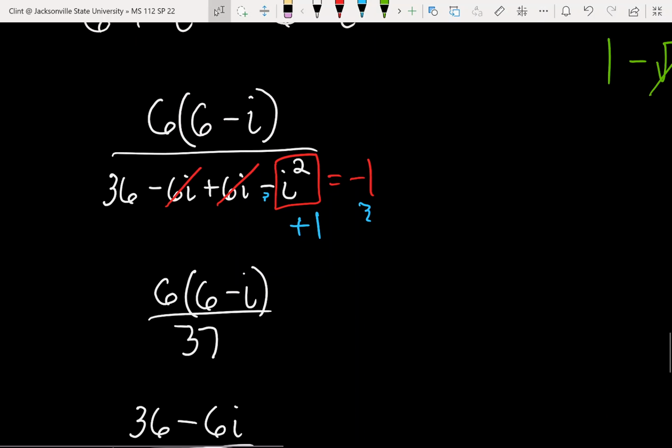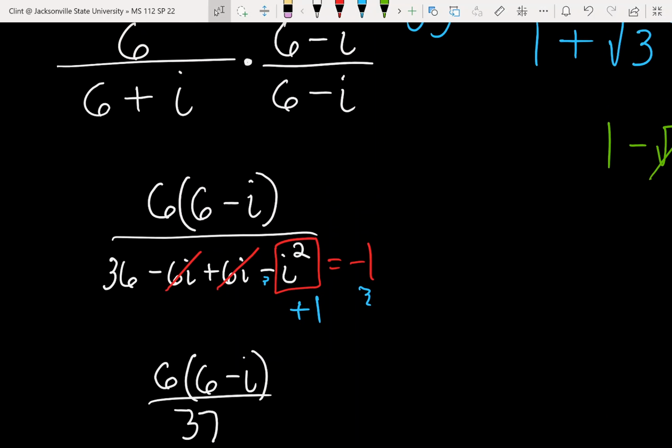Because on this one, our a was 6, our b was 1. So 6 squared is 36. 1 squared is 1, and it turned out positive. 36 plus 1 is 37. You can do the shortcut, or you can use FOIL and actually go through the whole process.